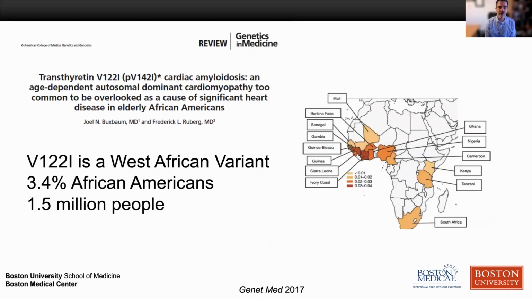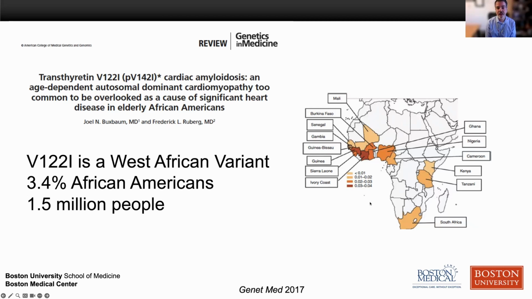ATTR amyloidosis, owing to the V142I variant, also known as V122I, disproportionately afflicts communities of color in the United States because the variant originated in West Africa. This map of the continent shows the allele frequency of V122I in different countries and different samples. And you can see that the allele frequency is considerably higher in West African countries compared to other countries in the continent.